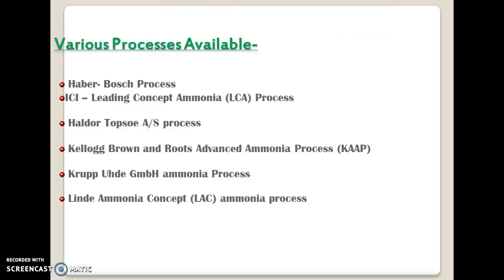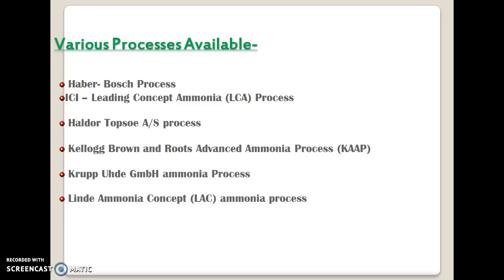Now there are different processes available. As we discussed, the first process was the Haber-Bosch process. Haber is the one who developed the process in the laboratory, and Bosch is the one who scaled it to industrial capacity.